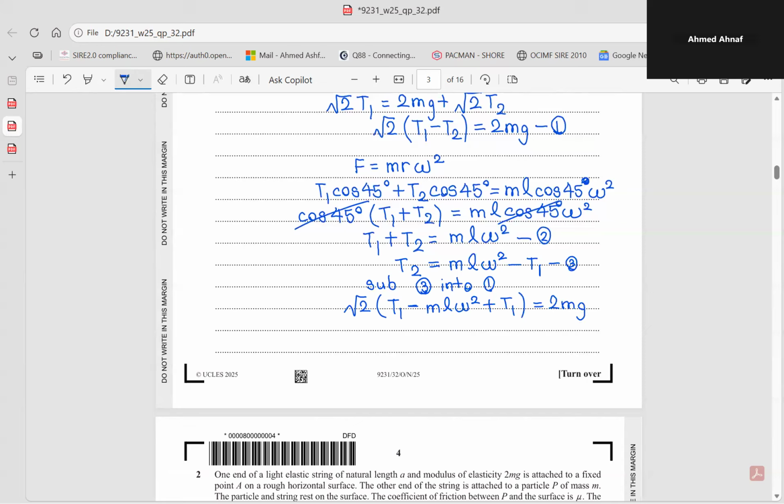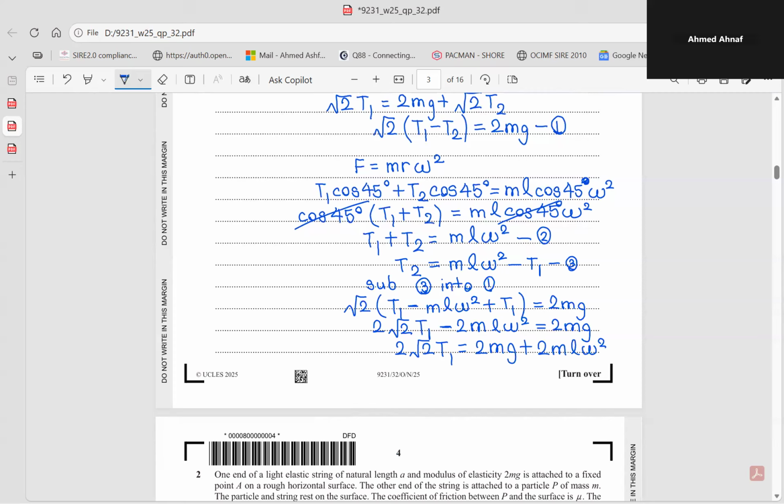Okay, so I'm just going to expand everything all at once. This is 2 square root 2 T1 minus 2mL omega squared equals 2mg. And then we have 2 square root 2 T1 equals 2mg plus 2mL omega squared.